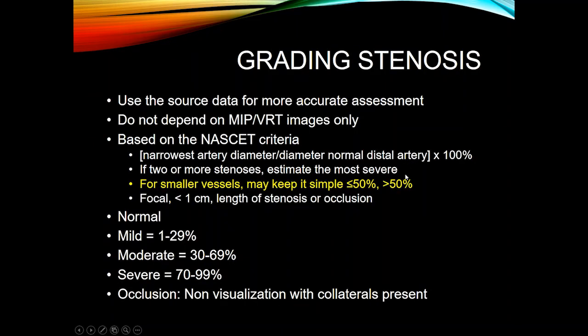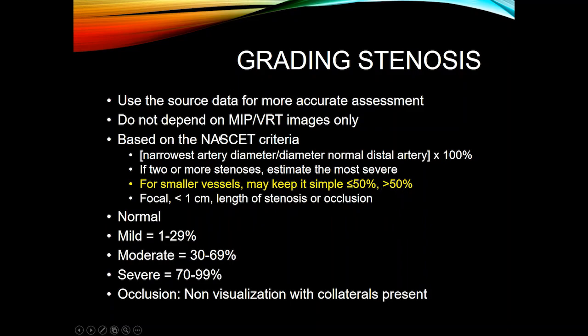As I alluded to, grading of stenosis is very important. You need the source data, and you really can't depend on reformatted images because you can over- or underestimate stenosis. We really base our narrowing estimation on the NASCET criteria. And for smaller vessels, if it's difficult to determine whether there's a mild or moderate stenosis, we may just keep it simple and say whether there's less than or greater than 50% stenosis.